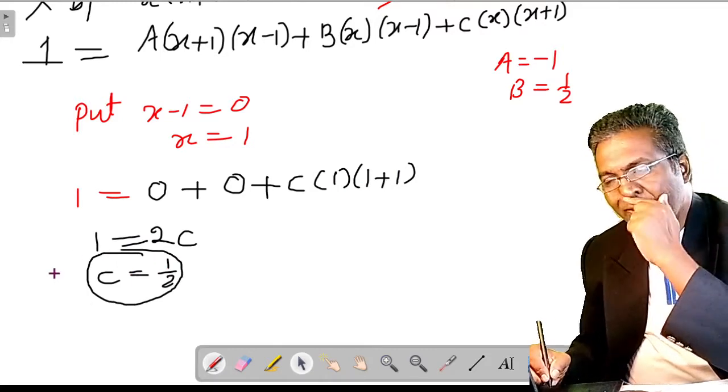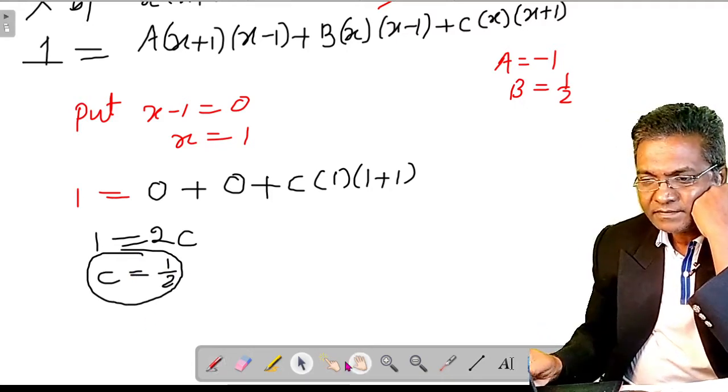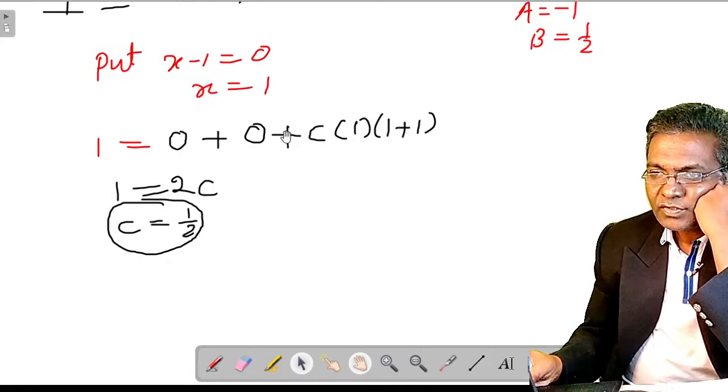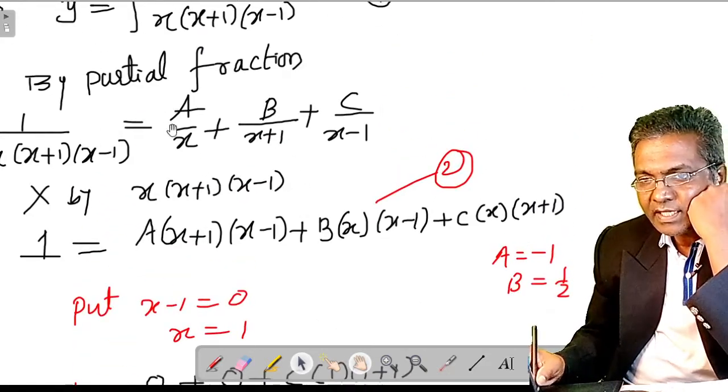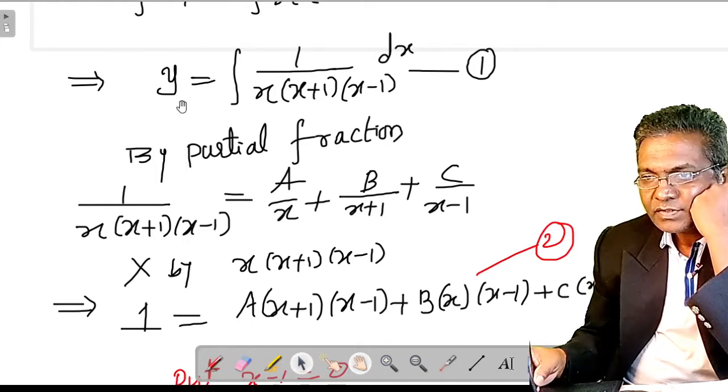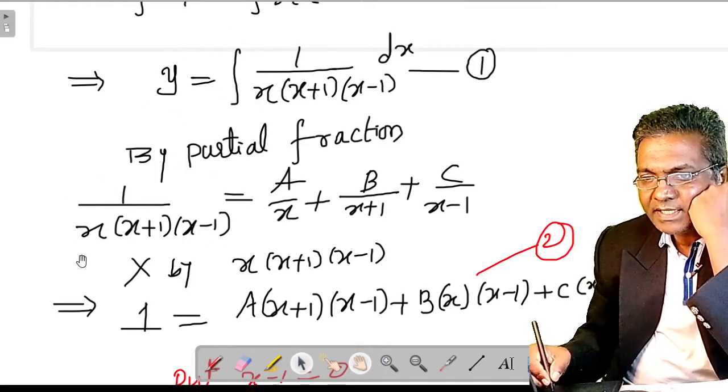Okay. Now we have got the values of a, b, c. So what we had, look here, this is your y. So y is integration of this.